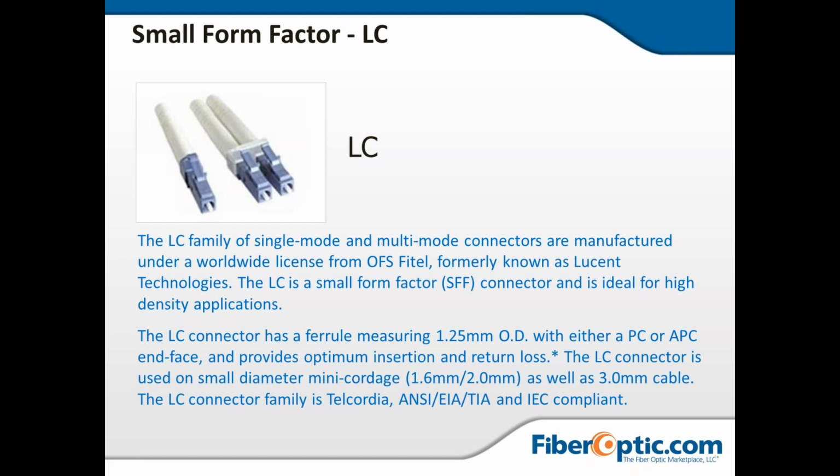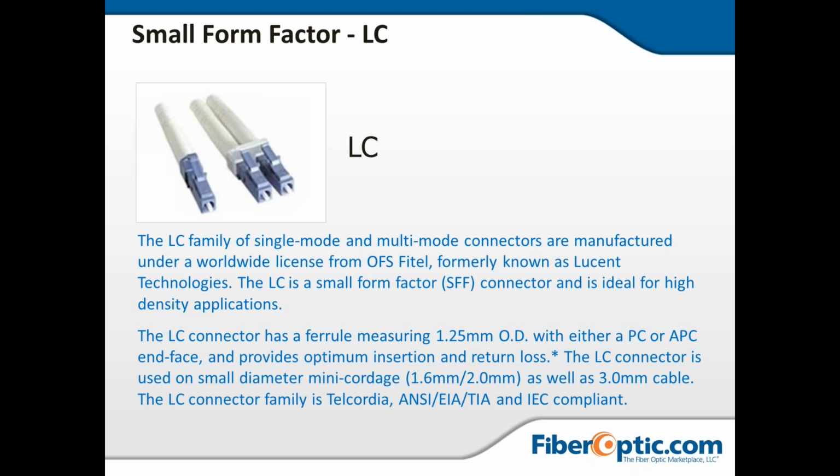The LC connector has a ferrule measuring 1.25. Once again, that's all SFF, and either a PC or APC interface, and provides optimum insertion and return loss. The LC connector is used on small diameter mini cordage 1.6 mm and 2.0 mm, as well as 3.0 mm cable.